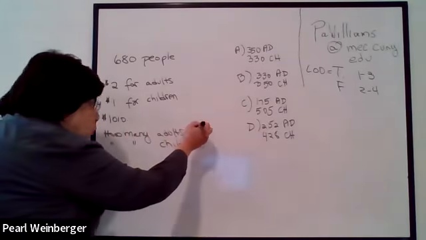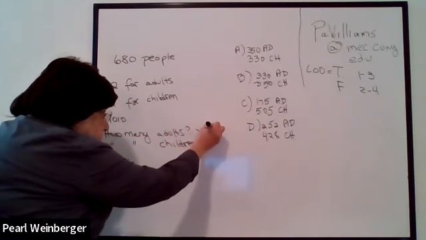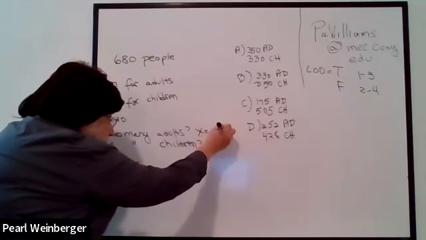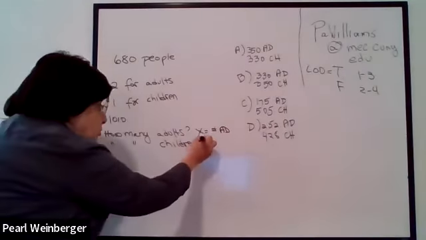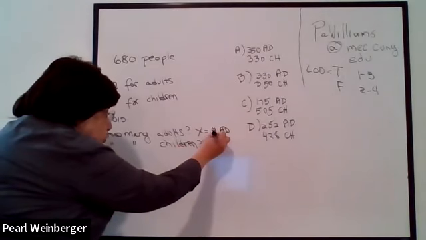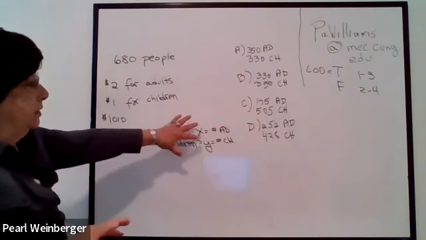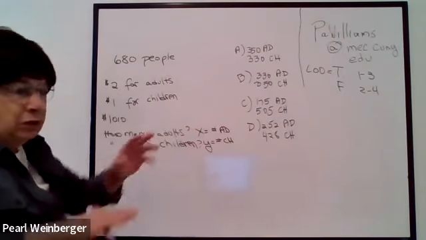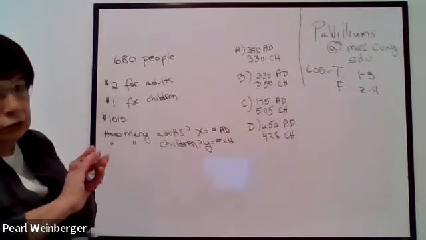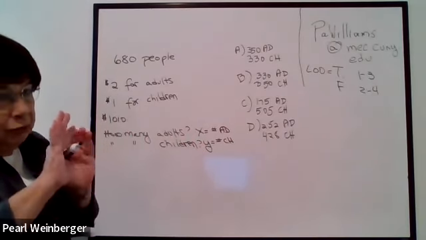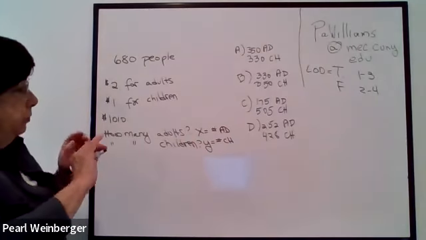So let's call X the number of adults that attended this play, and let's call Y the number of children. I always like to write it down. This is called writing a legend. I like to write down what my variables represent, so I'm clear in my mind what I want to write.